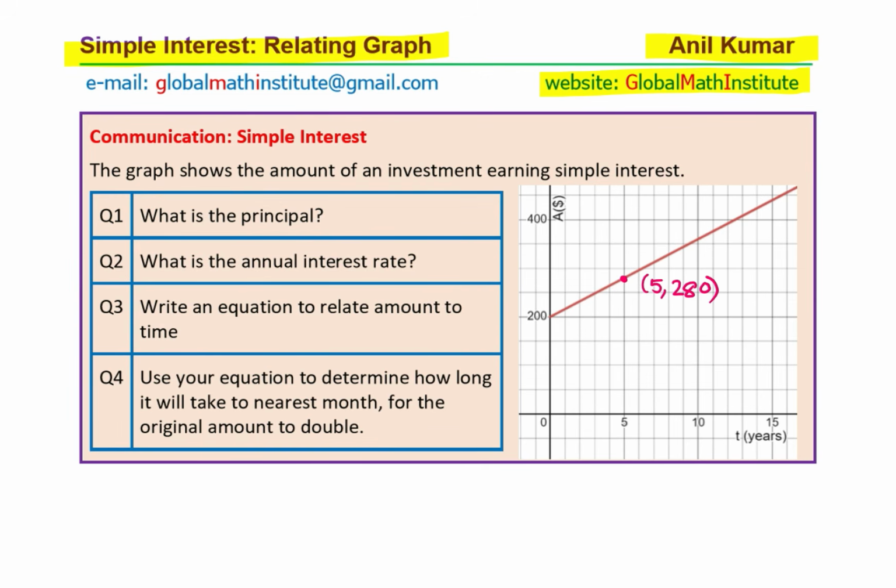The gradient of this graph represents the rate of interest on the amount invested. And once we find the equation of this line which represents the amount, we can extrapolate or interpolate and find the amount at any instance of time. Make sense? I hope you understand and appreciate it.